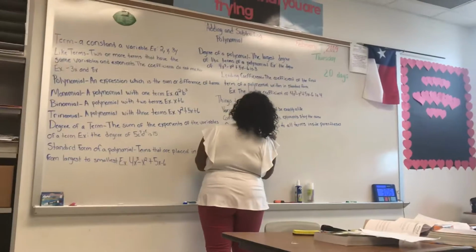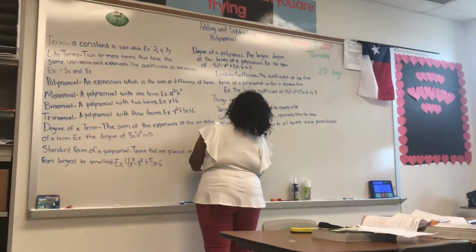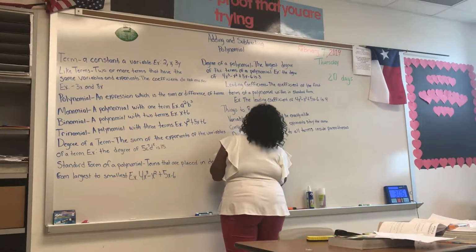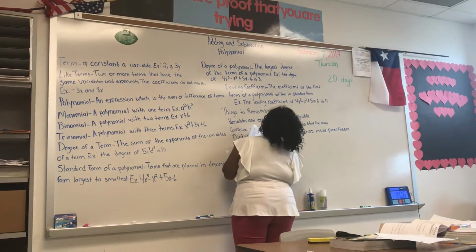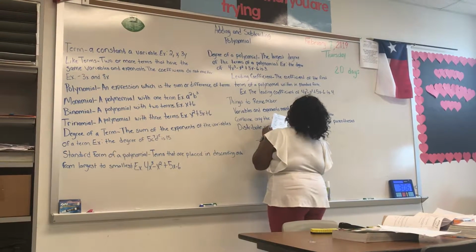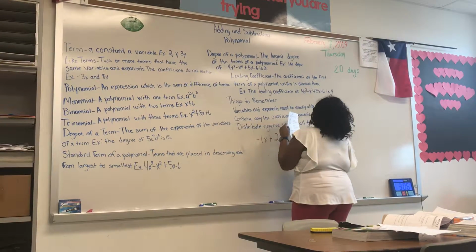So our next problem is going to be the same but in horizontal. It'll be negative 1x plus 2x squared minus 3x squared minus 7x plus 2.